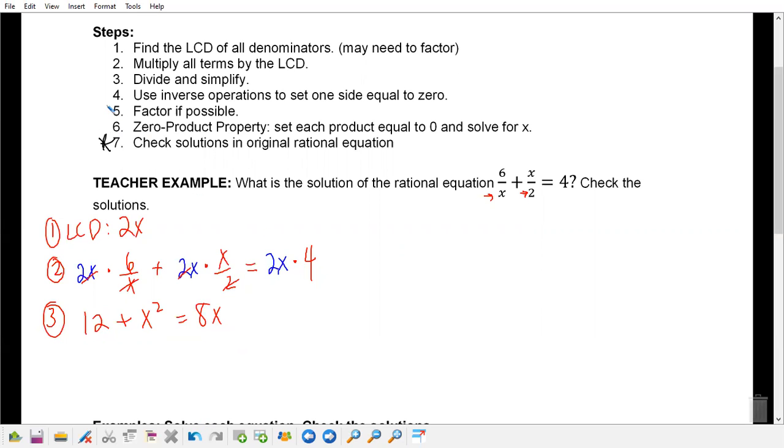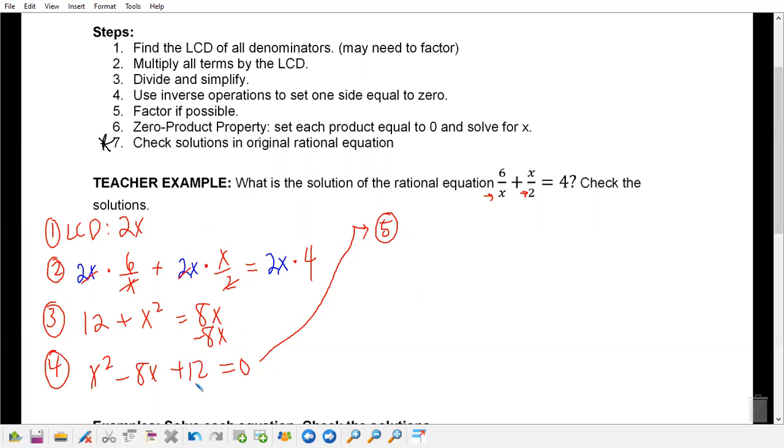Okay, we're on to step 4. We're going to use inverse operations to set one side equal to 0. So I'm going to subtract 8x. That leaves me with x squared minus 8x plus 12 equals 0. Step 5 is to factor.